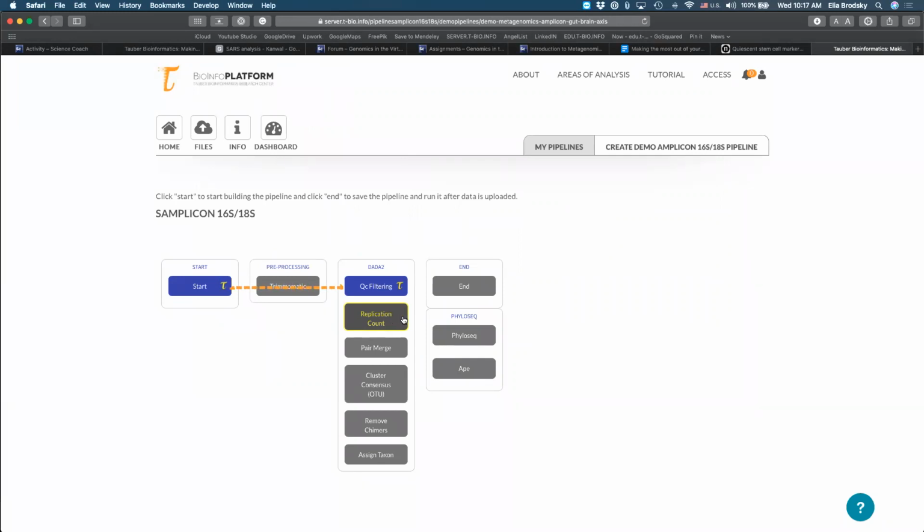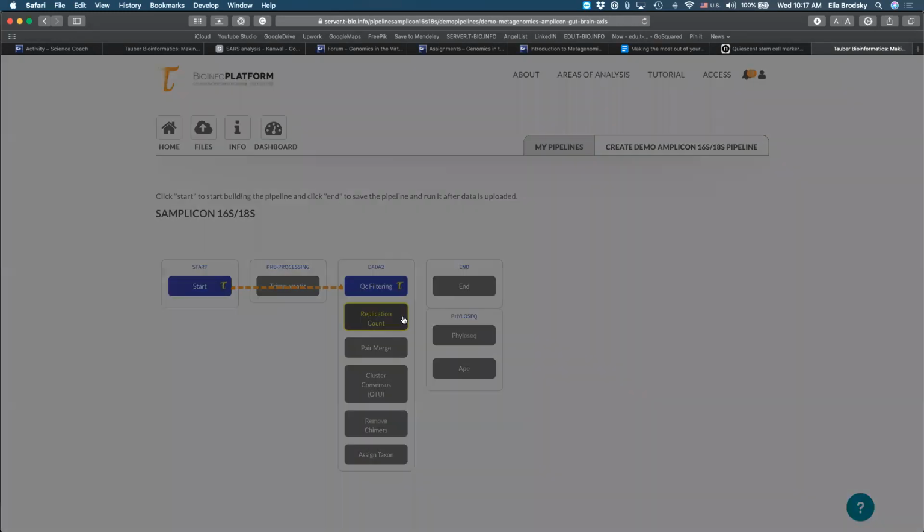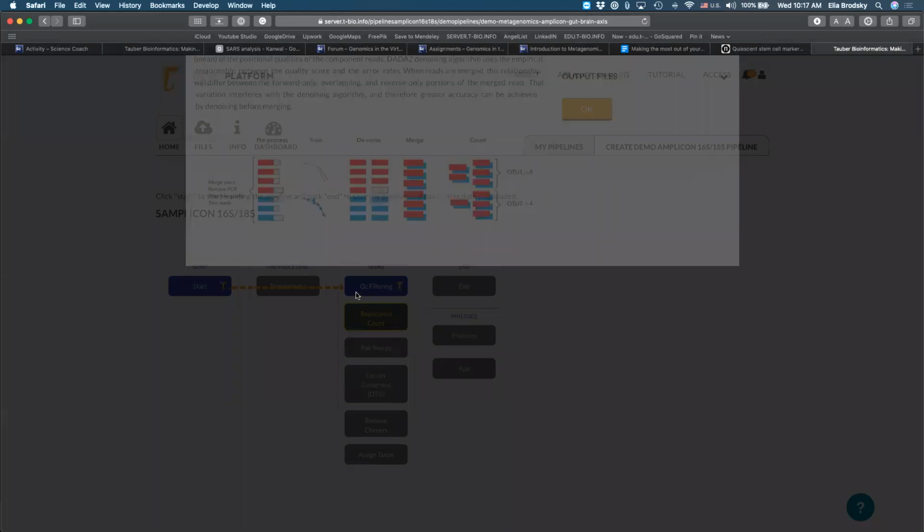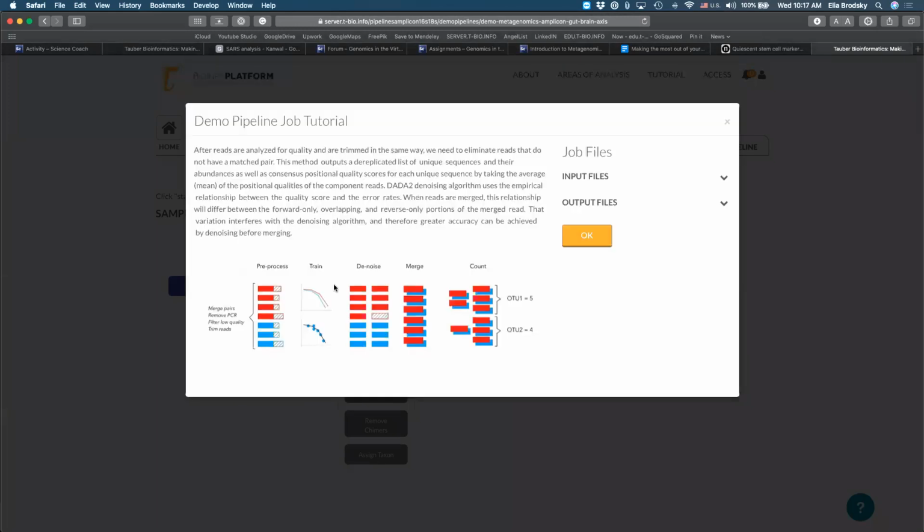Okay, then what happens is, we've pre-processed the reads, we have removed some of our low quality reads, and now we need to make sure that they are paired reads, because one of the elements of MiSeq metagenomic sequencing is that this is paired end sequencing, which provides us with higher confidence in the individual read sequences.